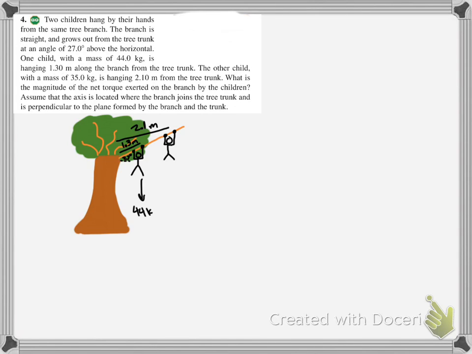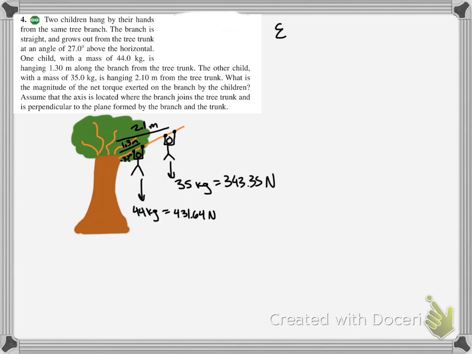The first kid is 44 kilograms and the second kid is 35 kilograms. To get the force that they apply, you just multiply by 9.81 to get their weight. And once you do that, you get 431.64 newtons for the first kid and 343.35 newtons for the second kid.